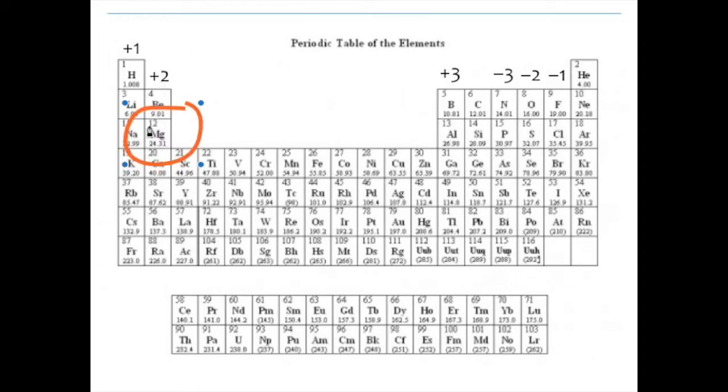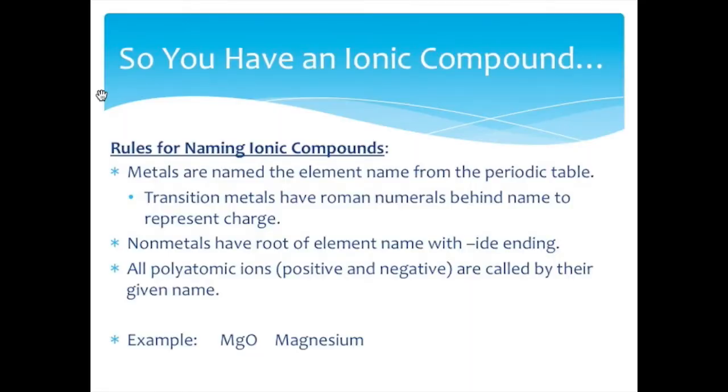It is not a transition metal, so it does not need Roman numerals behind its name. Now the O, if you think about what element name stands for the symbol O, that would be oxygen. Well, oxygen with the IDE ending is oxide. Let's double check everything. No polyatomic ions, no transition metal. Our name is correct, magnesium oxide.